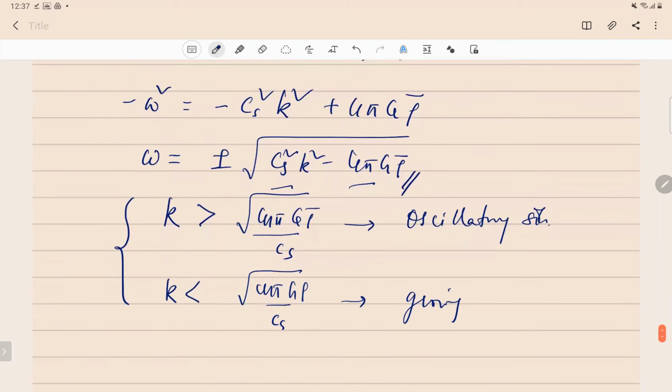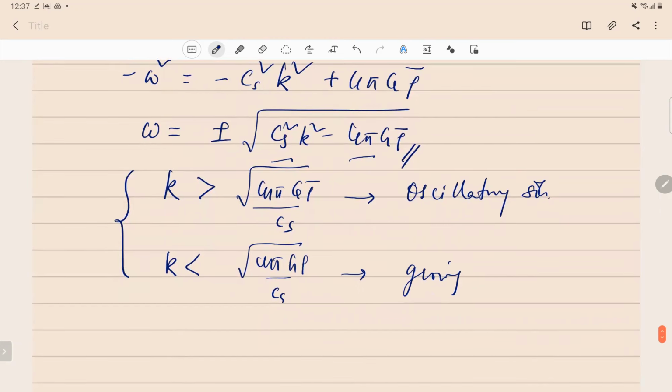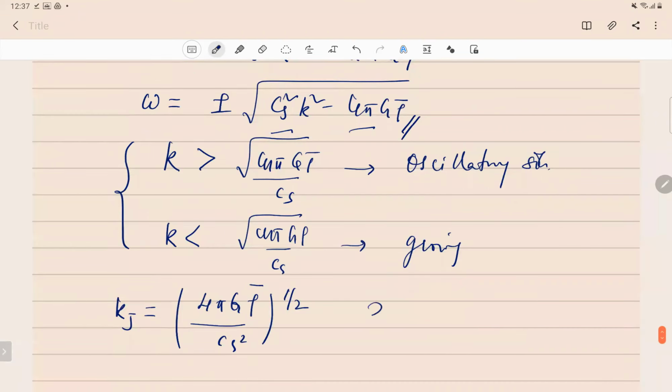So we define this quantity on the right hand side as what is called the Jeans scale. So you can define something called kJ as square root of 4 pi G rho bar by cs, and a corresponding Jeans length scale, which is 1 by kJ.